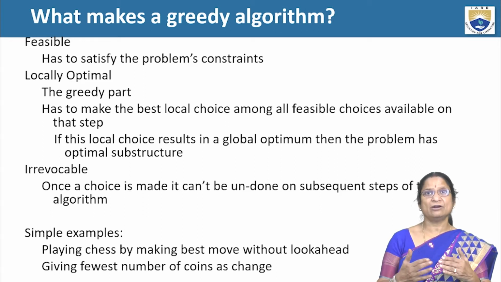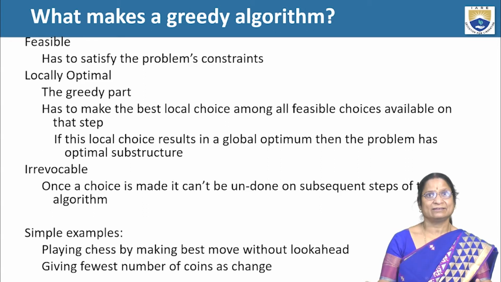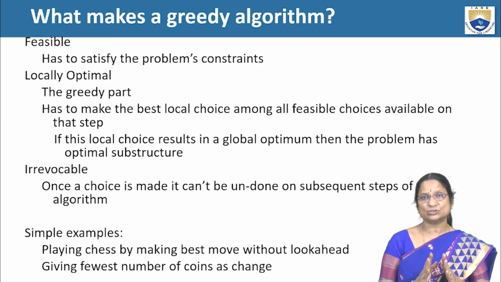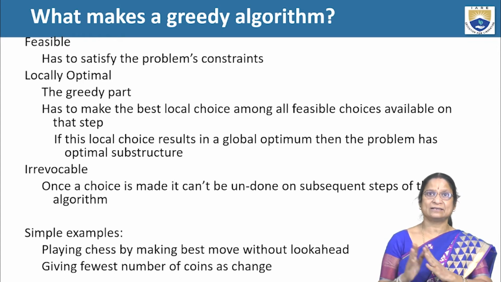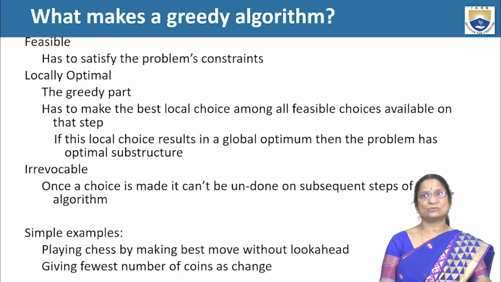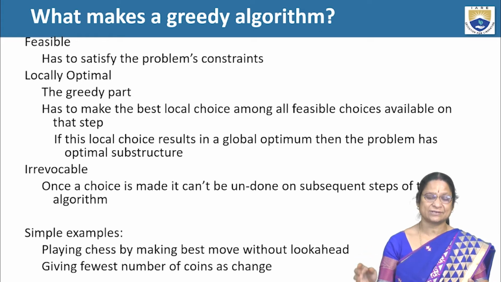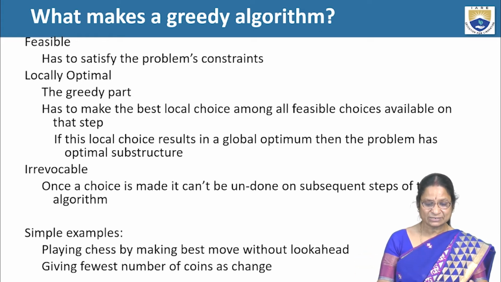That means we cannot backtrack. The choice reflects in subsequent steps, so once a choice is made, it cannot be undone in the subsequent steps of the algorithm.